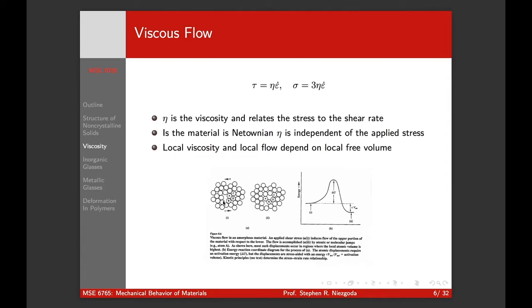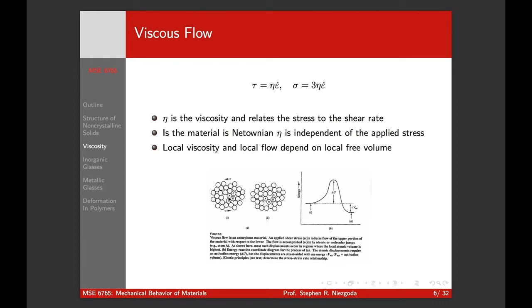So here we see a region of a local pocket of free volume, and under a shear force, atom A can jump from this position to this position, right? And these displacements are going to occur in regions where the free volume is higher, right? We've got activation energy that we have to overcome.